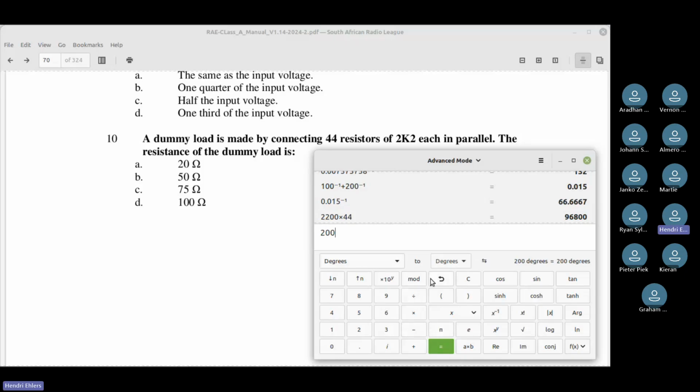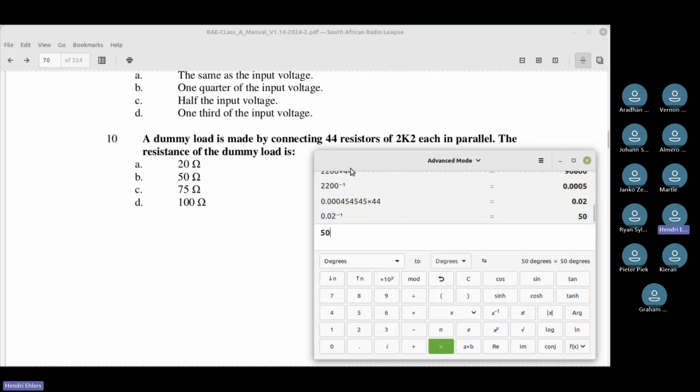Let's just learn how to work a calculator. 2,200, and we do that to it. We times it by 44, equals, and then we do exactly that to it, and it works out to 50 ohms.